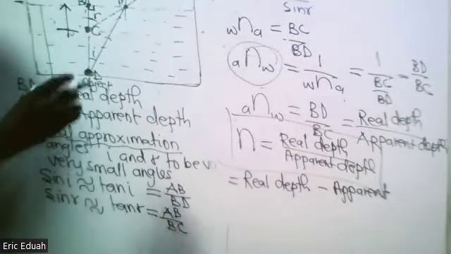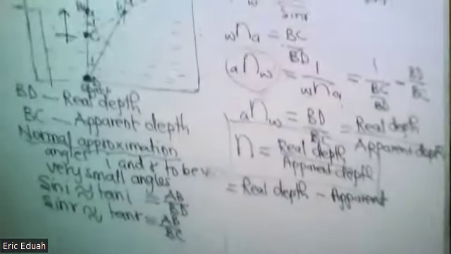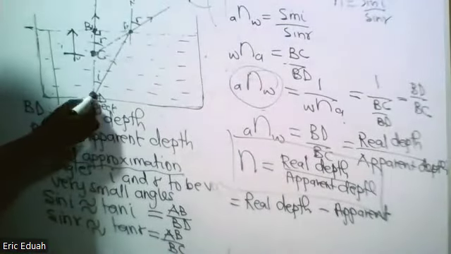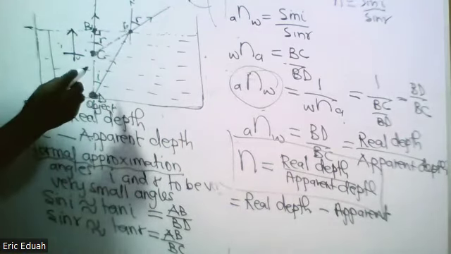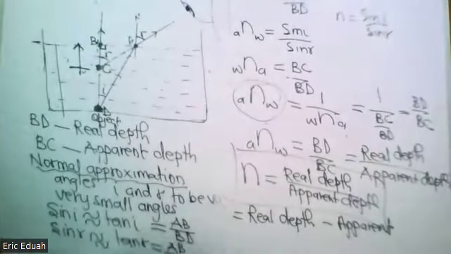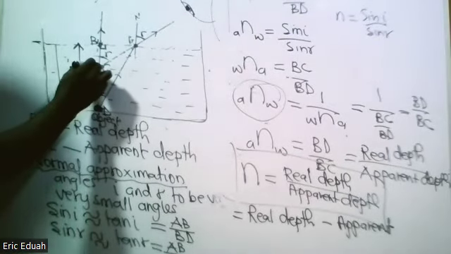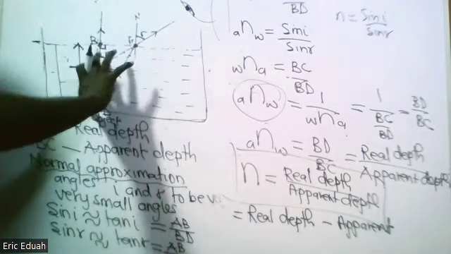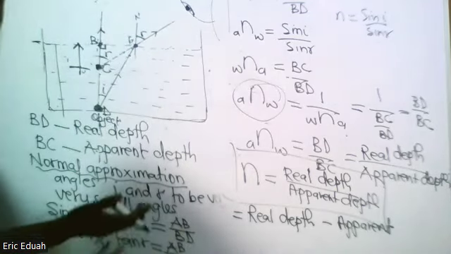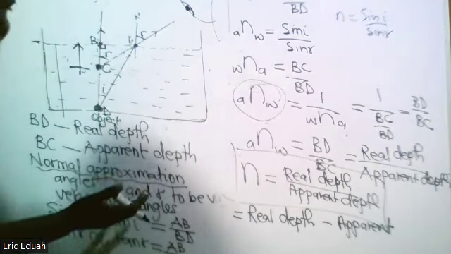You see, the object was here, and it appears to be shifted vertically to a new position at C. So when you subtract the apparent depth from the real depth, you determine the extent to which the object is shifted vertically.